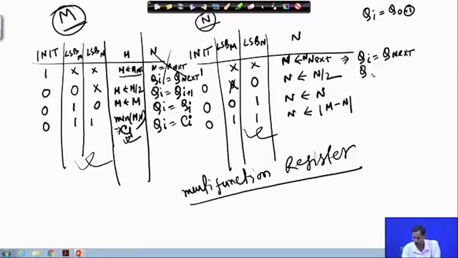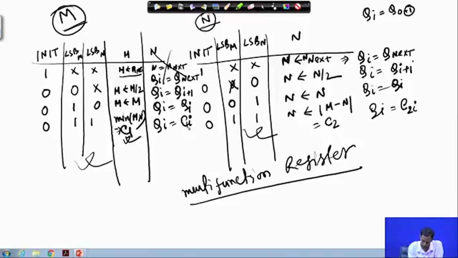So, this is q I equals to q I plus 1. And q I equals to q I here, if I consider this as C2, then q I will be C2 I. So, this is C1 I, this is C2 I.